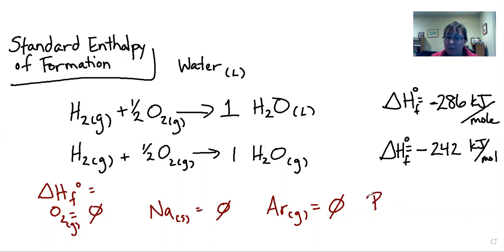For liquid bromine, bromine is a liquid at room temp, that would be 0. So for anything in its natural state, and we've seen this before when we were doing oxidation states, that would be 0. So this is kind of the same thing.